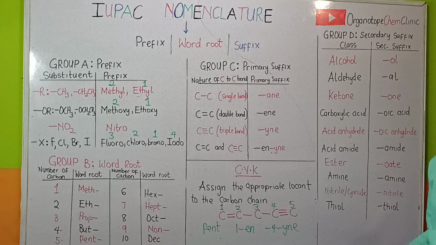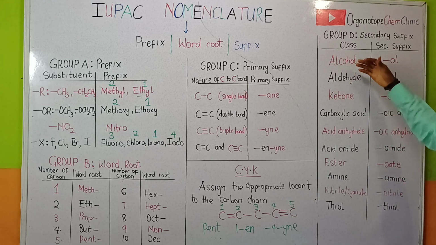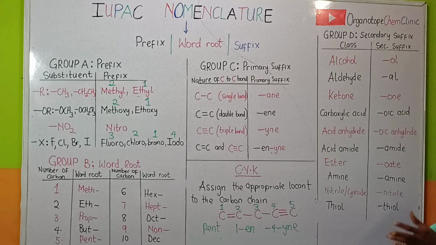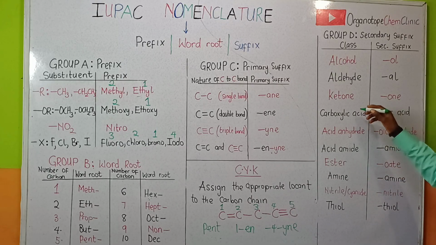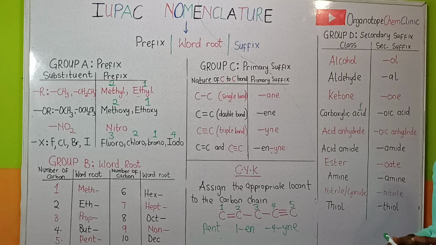So let us identify the principal functional group in this particular table. Now, the principal functional group in this table is the carboxylic acid. So I will assign 1 to the carboxylic acid functional group right here. Now recall that we identified the derivatives of the carboxylic acid.